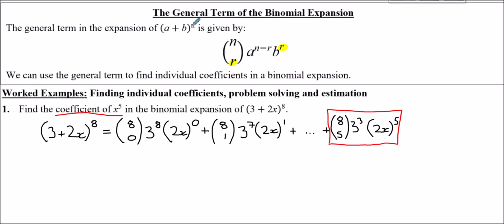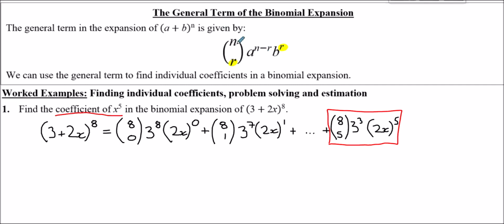We wanted our x term, which is this last one, which relates to the b here. So we were after power 5, and our n was 8, because of the power of the bracket. And so our r we were wanting was 5. So that was an 8, that was a 5. A to the power 8 minus 5, which is why this is a 3. Then this final thing, for 2x, which is our b, to the power 5.